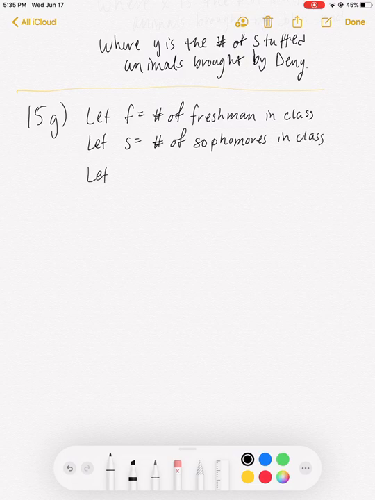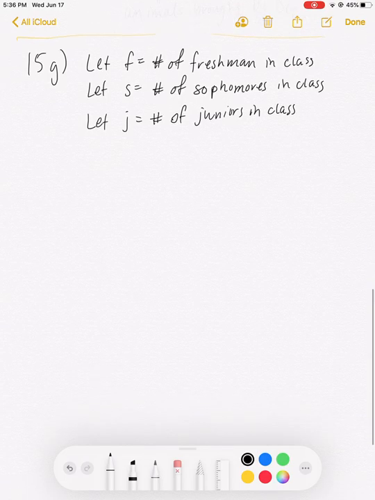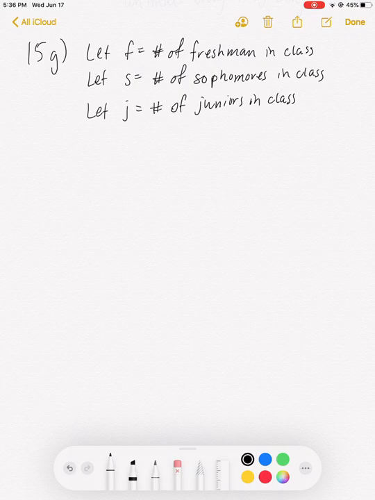And then we're going to let J equal the number of juniors. Okay. So all of them together, the total number of students that visit the office hours is all of them together.